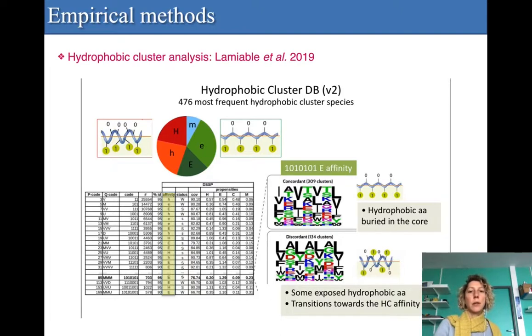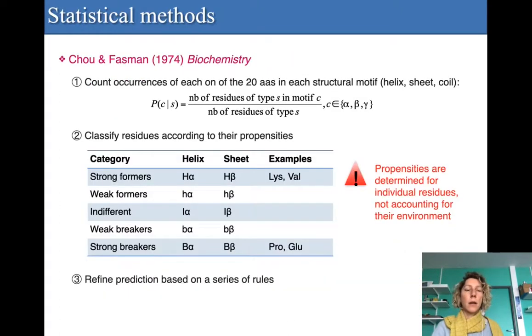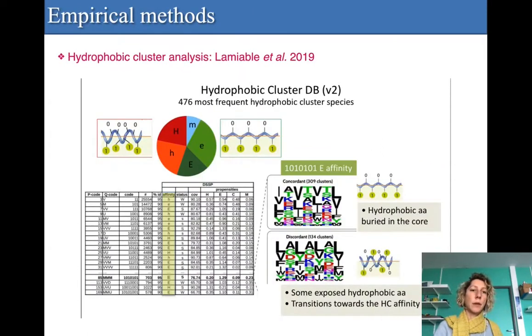So you have an example here of some logos which show you what type of sequences represent one type of cluster. Okay, so I encourage you to read more about this. It's very interesting.